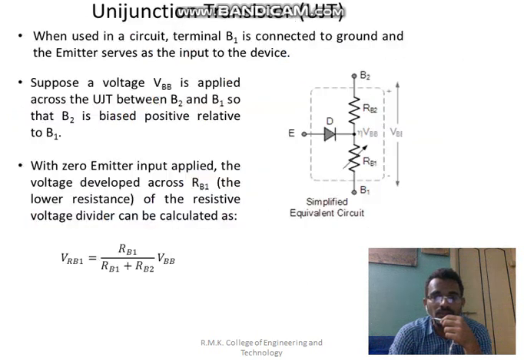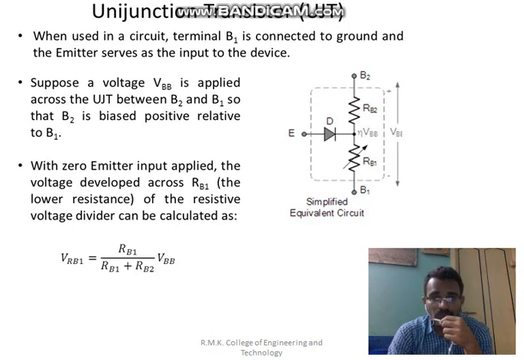Another topic we have to learn is connecting base 1. Base 1 we usually connect to the ground terminal, and B2 will always be positive with respect to B1. That means the voltage at B2 will be higher than B1.